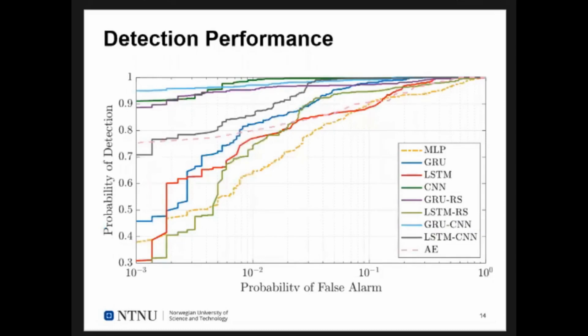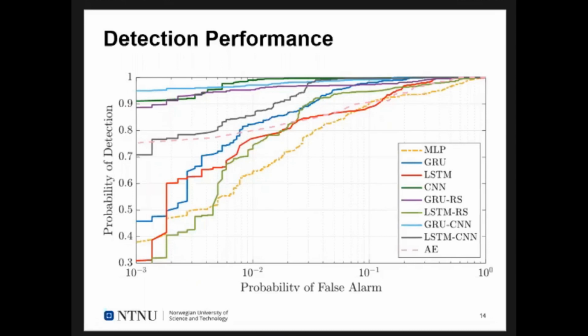Detection performance means: are we able to detect, at the classifier, that there is a problem, without really focusing on where the problem is coming from, but just that there is a warning. This is typically measured in terms of receiver operating characteristics, meaning plotting the probability of correct detection versus the probability of false alarm. And again, we might see the autoencoder, what we were considering state of the art, had this kind of performance.